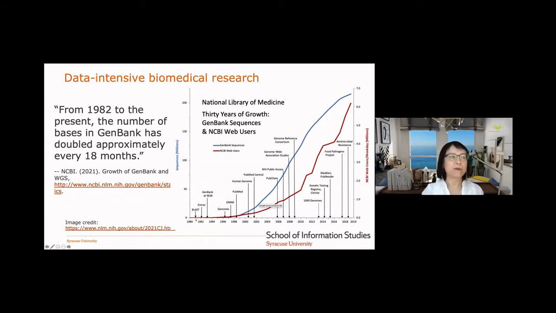So over the last 30 years, almost, numerous data repositories and tools have been developed, which form a cyber infrastructure.